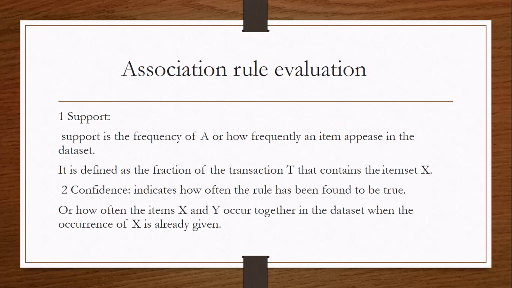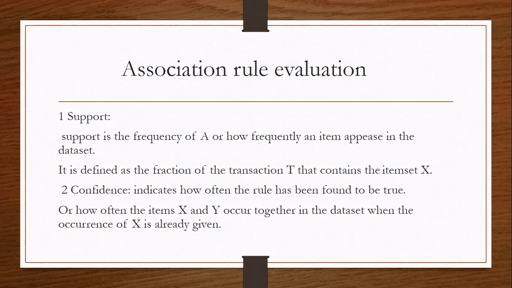Association rule evaluation. So in association rule evaluation, we have support and confidence. Support is the frequency of A, or how frequently an item appears in the data sets. And it has a formula.